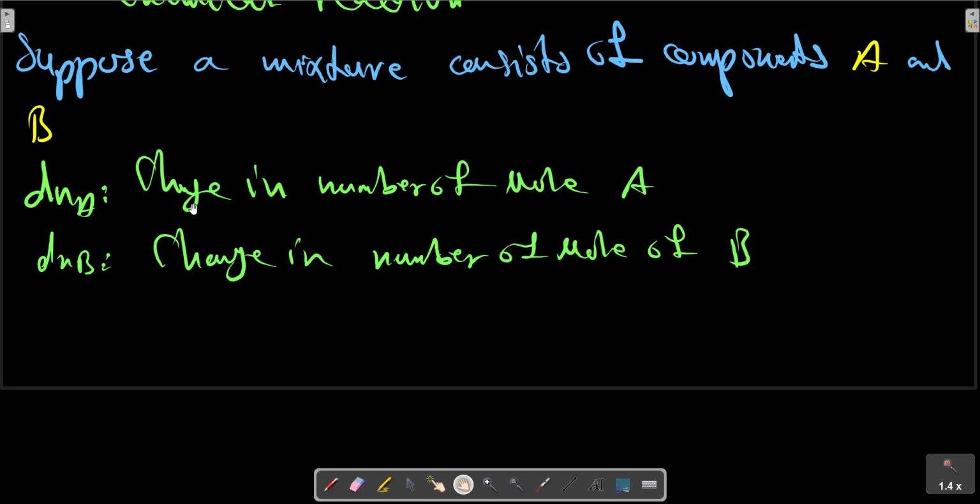Temperature and pressure remain constant.